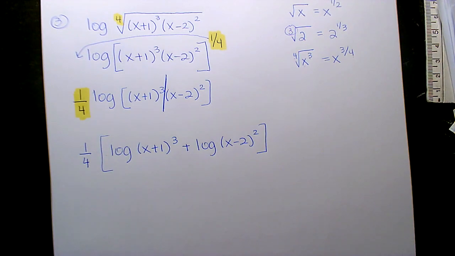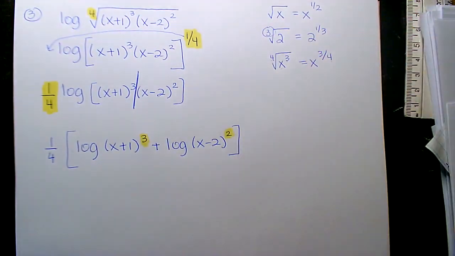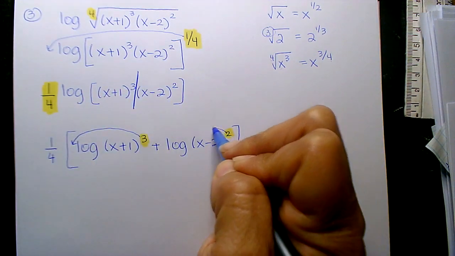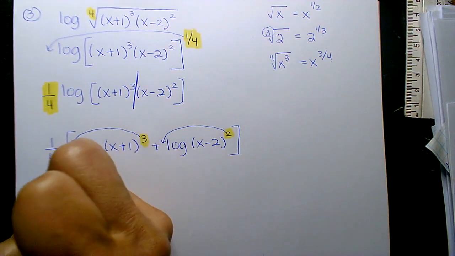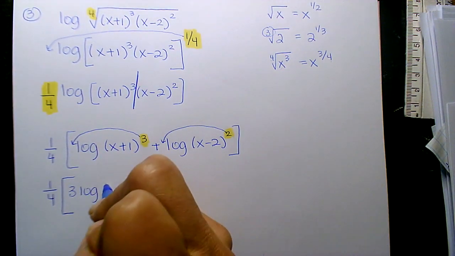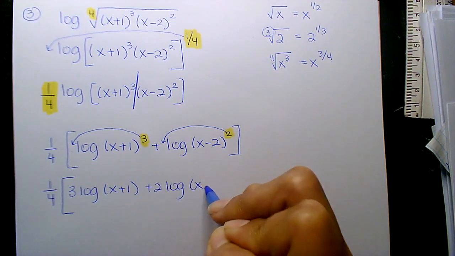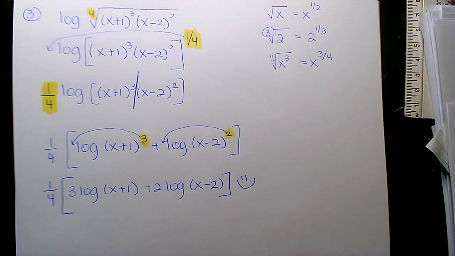Where should I put the 3 and the 2? Yeah, in front. Okay, that's going to move to the front here, and the squared will move as a coefficient here, correct? And then we are complete. So 3 log x plus 1 plus 2 log x minus 2, and you're done.